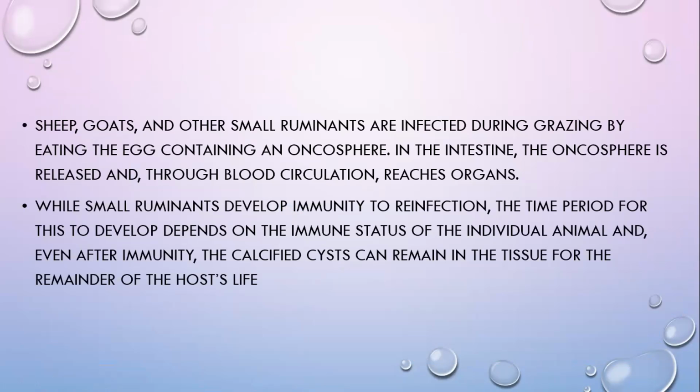And here also the same, the dog is the major host, but small ruminants develop immunity to reinfection. This immunity also depends on the immune status of the animal. Even after having immunity, the cyst can remain in the tissue for a majority of its life.